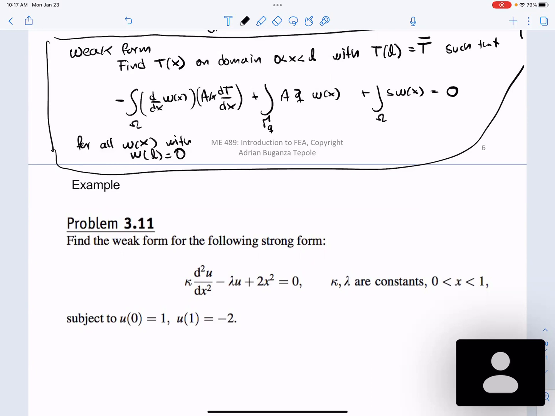Of your two types of boundary conditions, you either know the function or you know the derivative of the function. If you know the function, which is the essential boundary condition, then automatically set the weight function to 0. It has some interpretation, which I'll come to next section. But for now, just set it to 0.